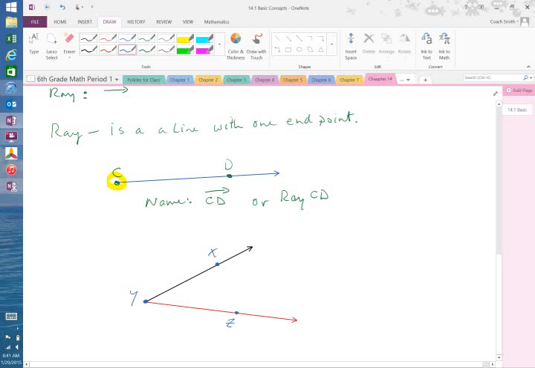Okay? All right, now this right here is the vertex. Okay? That point right there is the vertex.